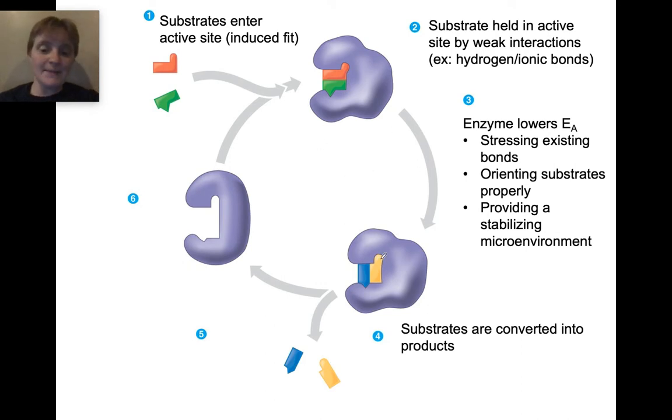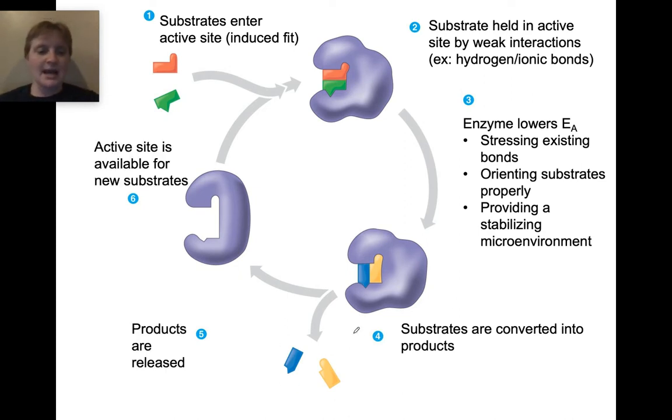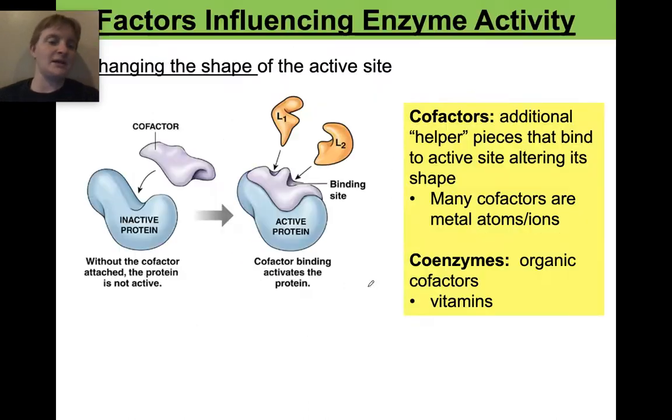And so when that happens, the reaction happens with less energy required, less activation energy, and the substrates get converted into the products. The products are released, and the active site is available for new substrates. And this enzyme can do it again and again and again. But this just creates a microenvironment unstable enough for these reactants that they're able to change into the products with lower energy.